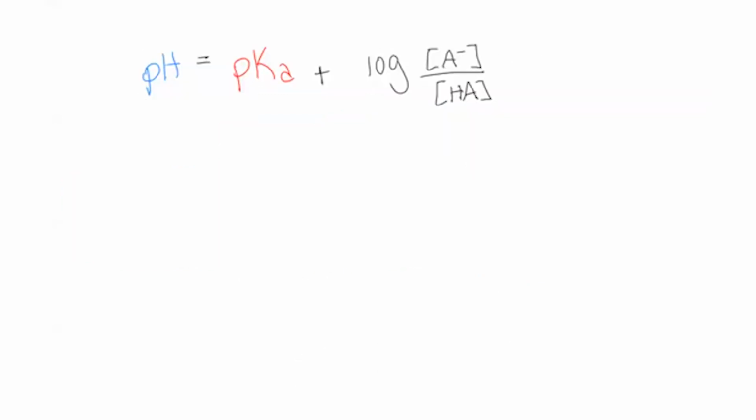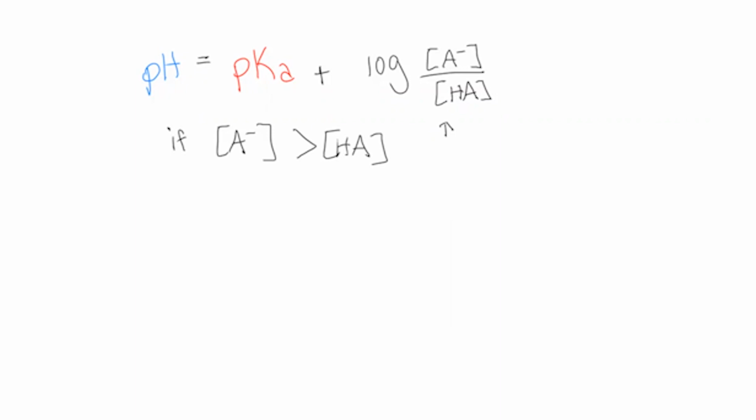So now let's see what would happen if we had uneven amounts of our acid and our base. If we have more of the conjugate base than the conjugate acid, this term is going to be bigger. And if you're taking the log of a bigger number, you're going to get a bigger number, and this is going to be a positive number.